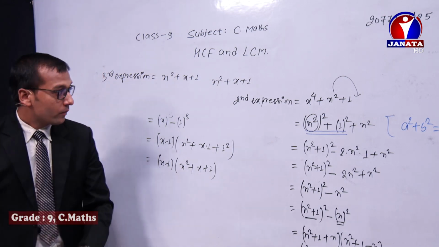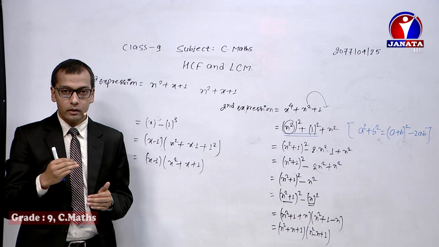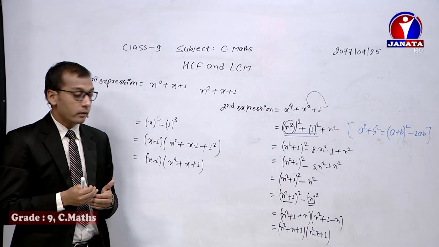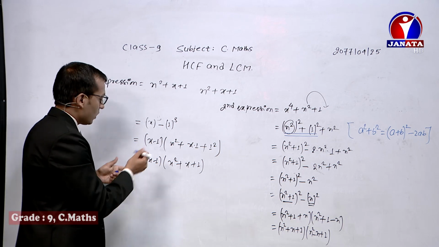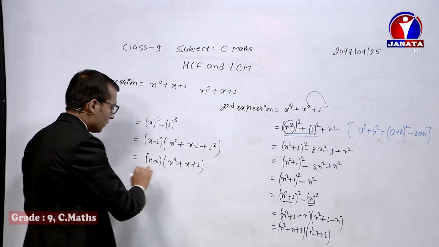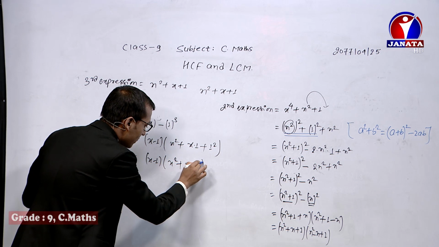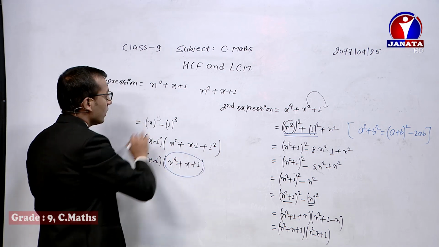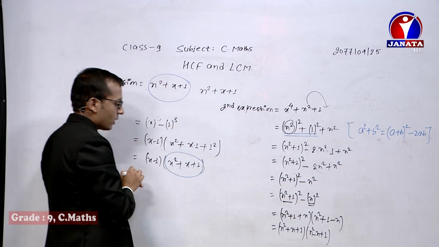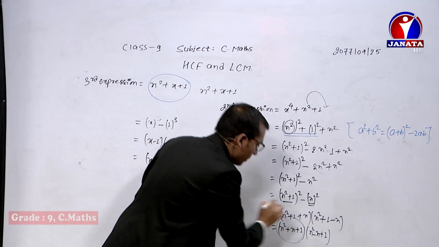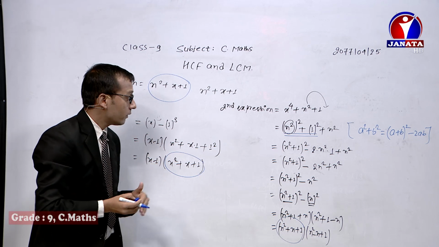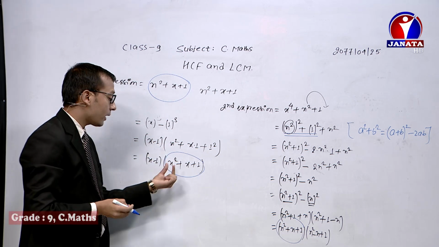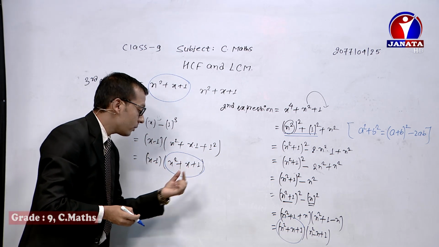First of all, we are finding common factors from all three expressions. What are the common factors from all three expressions? One is x square plus x plus 1, x square plus x plus 1, x square plus x plus 1. So from all these three expressions, one factor x square plus x plus 1 is common.